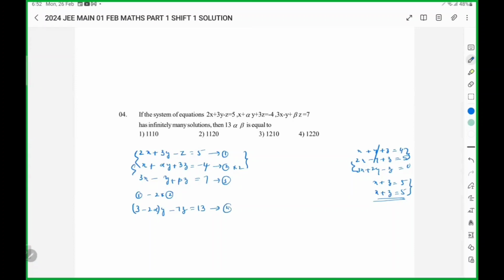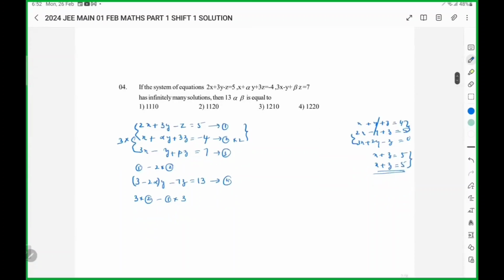Similarly, here you multiply this by 3 and then subtract. It's 3 into 2 minus 1 into 3. So we get (3 alpha plus 1) y plus (9 minus beta) z is minus 19.